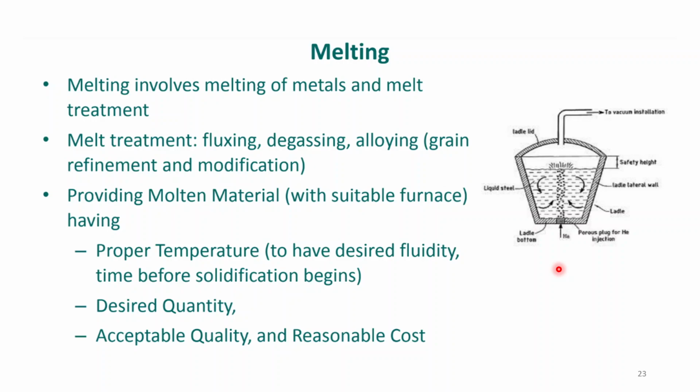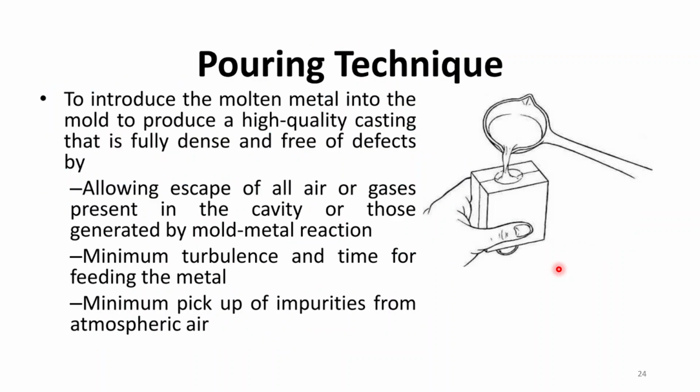Now, the next step is to introduce the molten metal into the mold to produce a high quality casting that is fully dense and free of defects, by allowing escape of all air or gases present in the cavity or those generated by mold-metal reaction. Because if your mold is made of sand, then it will have some moisture in it.